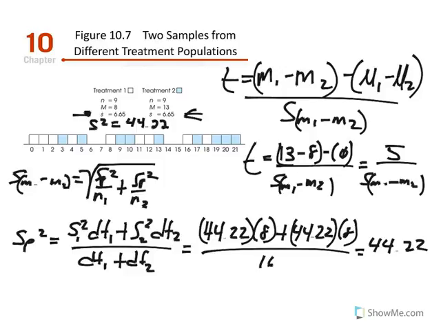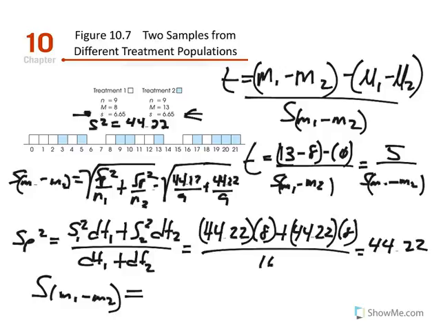Now we can calculate our estimated standard error of the mean difference. So this would equal the square root of 44.22 over 9 added to 44.22 over 9. So we'll take the summation of those two fractions and then take the square root, and that will produce our estimated standard error of the mean. And I'll write it down here, I'm sorry, I ran out of room.